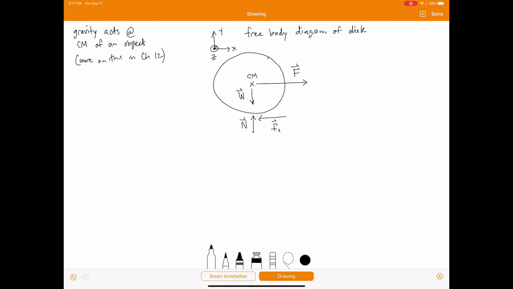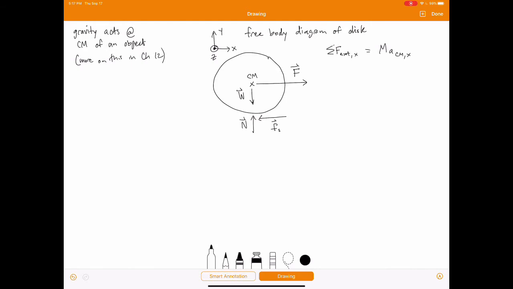Remember from the last lecture that for the translational motion, we have Newton's second law. The net external force in the x direction is the mass of our object times the acceleration of the center of mass in the x direction. Now, in this case, we have two forces that act in the x direction.